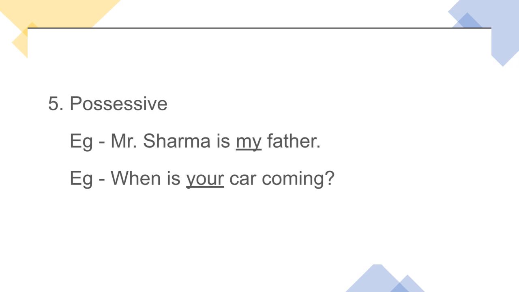So if you're talking about whose house or whose pen or whose copy it is, you always use possessive adjectives. Another example, when is your car coming? Here car is a noun, and your talks about whose car you're referring to. So if you're talking about your friend's car, you have to say your car.